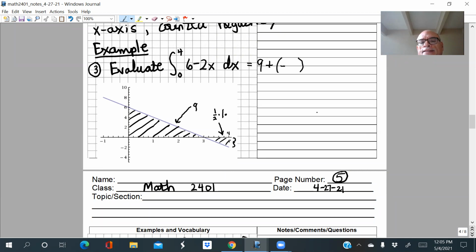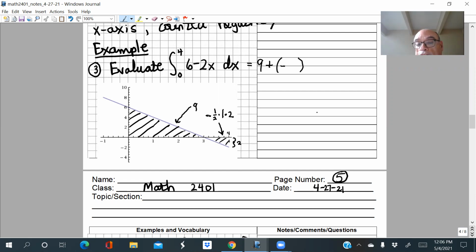Well, it's starting at the x-axis, and it looks like it's going down to -2 on the y-axis, right? So that height is 2. This height is 2. So, well, 1/2 times 1 times 2, that's easy. That's 1, correct? So this triangle has area 1, but it's negative because it's below the x-axis.